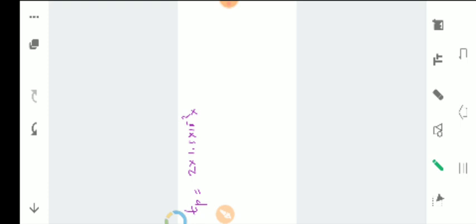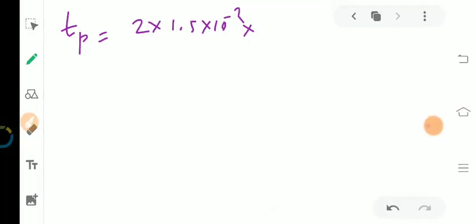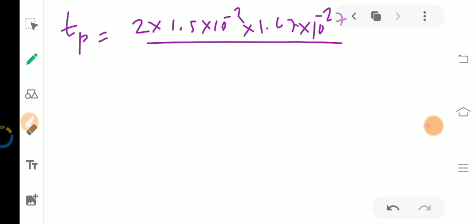For the proton, time taken for the proton is equal to 2 into the height, which is the same, 1.5 into 10 to the power minus 2, into the mass of the proton, which is 1.67 into 10 to the power minus 27, divided by the charge of the proton, which is the same, 1.6 into 10 to the power minus 19, and electric field is given, 2 into 10 to the power 4.